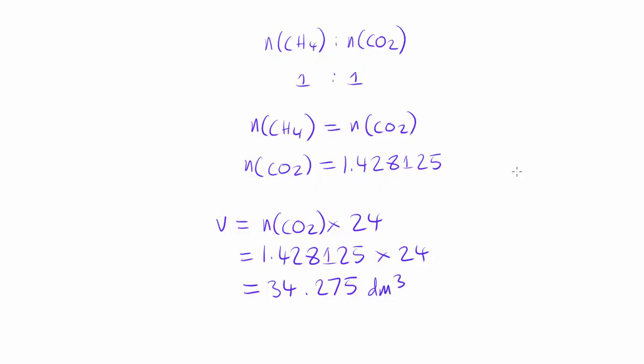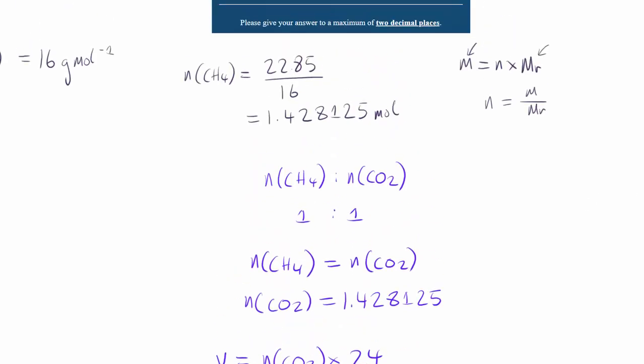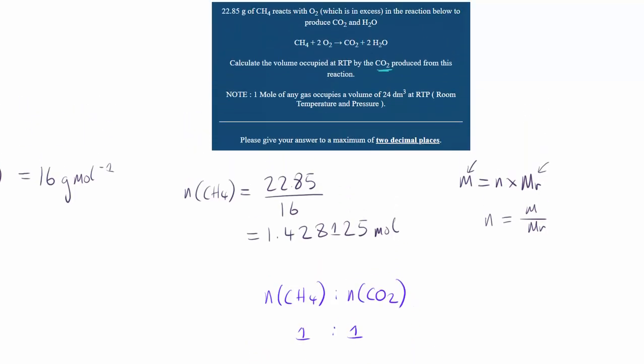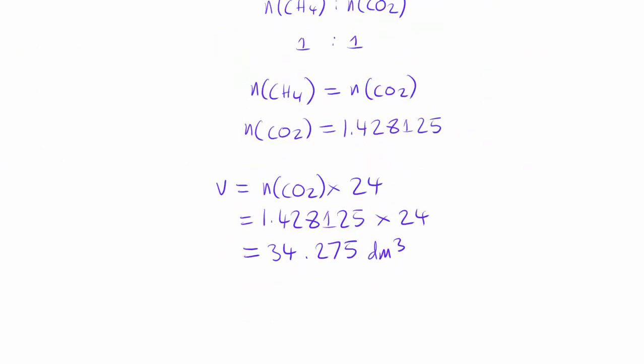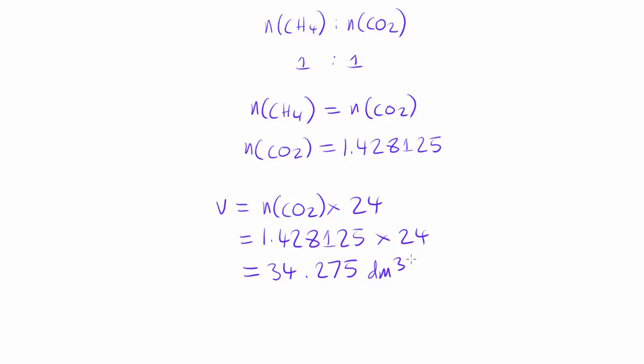Okay, now is this our answer? Well, we're going to need to refer back to the question. What does it specify we need to do in order to know really if we've achieved our answer yet? Well, this is what the question states. If you refer to the very end, it says, please give your answer to a maximum of 2 decimal places. And if we refer to the answer we've actually got here, as you can see, this is to 3 decimal places. So actually, we don't have our answer yet.